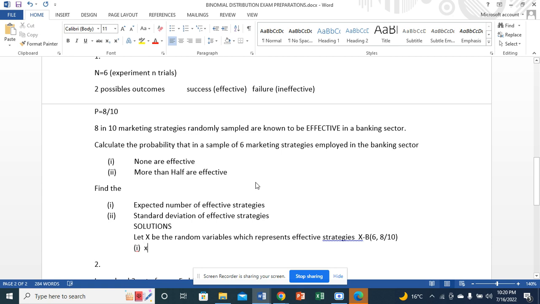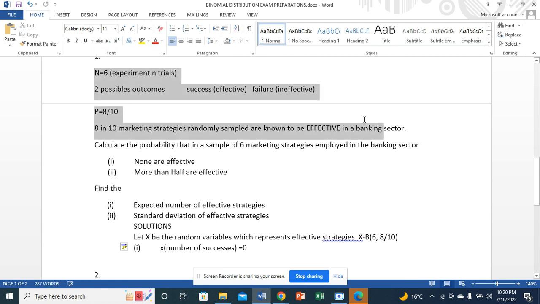In this case, our number of successes is 0. Then we can now put all of this information in our formula. Let me bring this information down here.